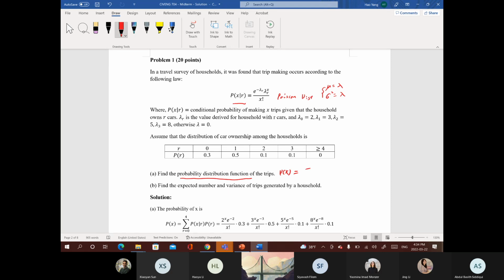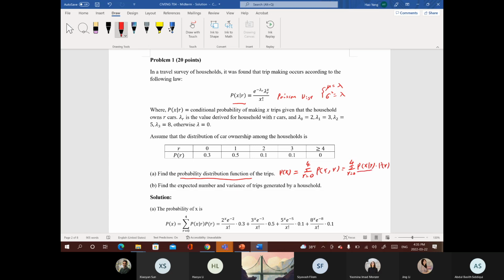That should equal the sum over r equal to 0 to 4 of the joint probability of x and r. And there is a relationship between the conditional probability and joint probability. For the joint probability, we have x given r times the probability of r.